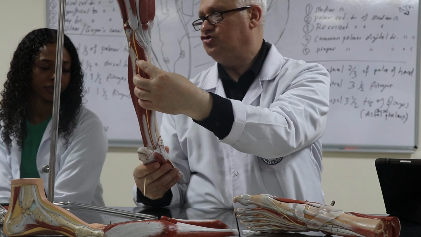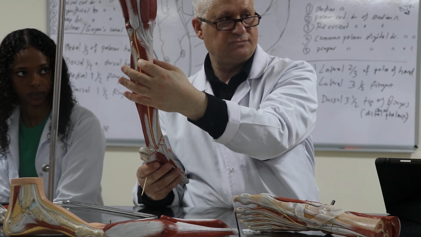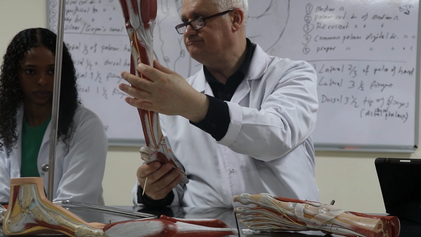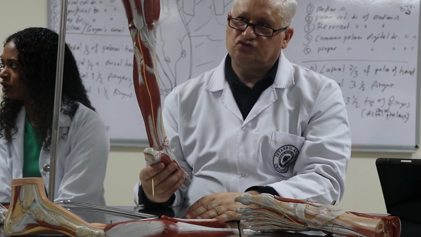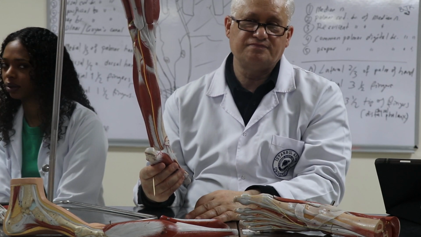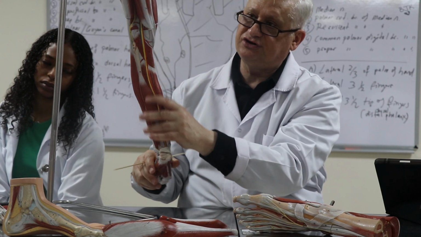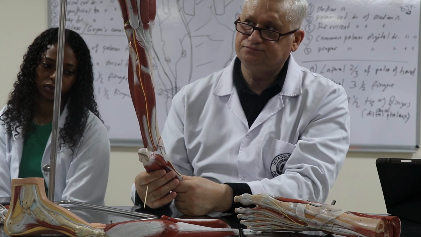You see here, the posterior tibial artery is a branch off from which artery? Where does it come from?